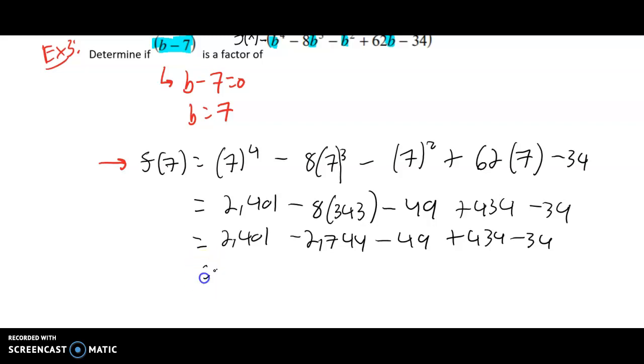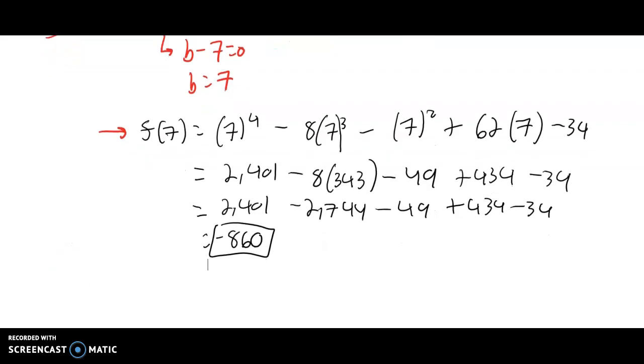And we get negative 860. Definitely nowhere near 0. What this does mean is if I divide f of x by b minus 7, the remainder is negative 860.